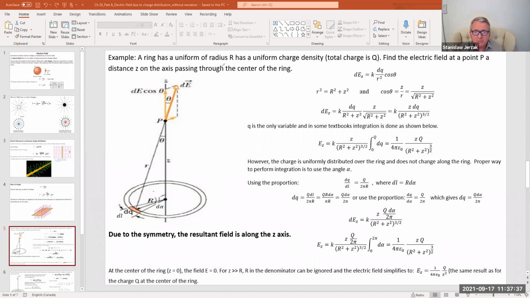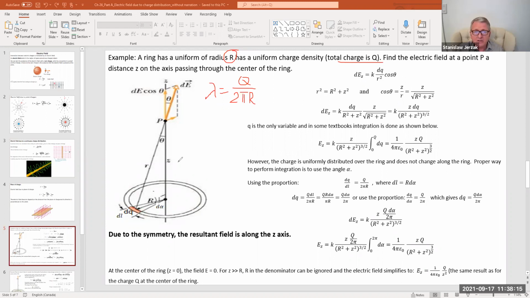Now, in this particular case, the total charge on the ring, capital Q, is given, and the radius of the ring is capital R. Of course, if somebody would like to calculate the linear charge density lambda, that would be equal to the total charge on the ring divided by the length of the ring, which is the circumference of the circle, 2 pi capital R. That would be the linear charge density of that ring. Capital Q is given, R is given, so you could find lambda.